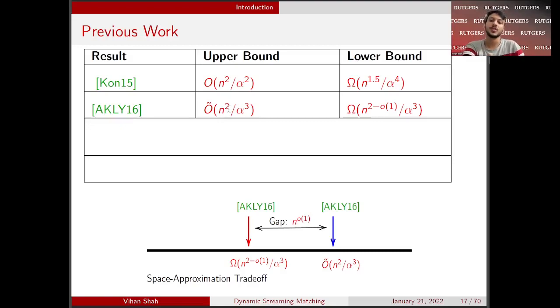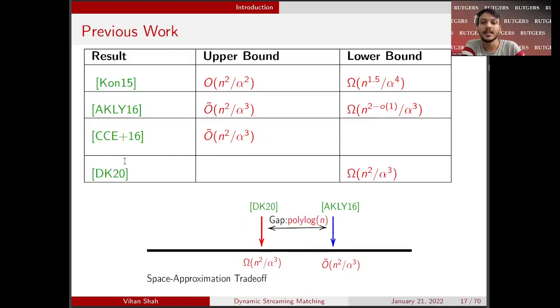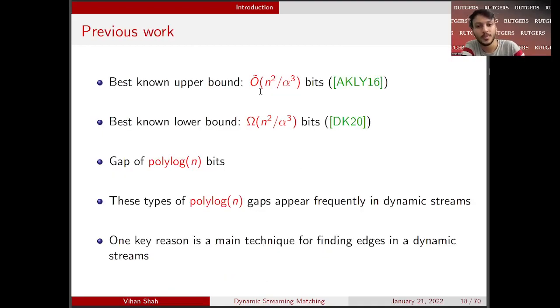The upper bound is O tilde of n squared over alpha cubed, where the O tilde is hiding polylog factors, and the lower bound is also roughly n squared over alpha cubed. Chitnis et al. also gave the same bound concurrently. And then Dark and Konrad '20 gave a lower bound of n squared over alpha cubed bits. Now you see that the gap between the upper and the lower bound is just polylog factors. So the best known upper bound is O tilde of n squared over alpha cubed bits, and the best known lower bound is n squared over alpha cubed bits, and the gap is polylog n.